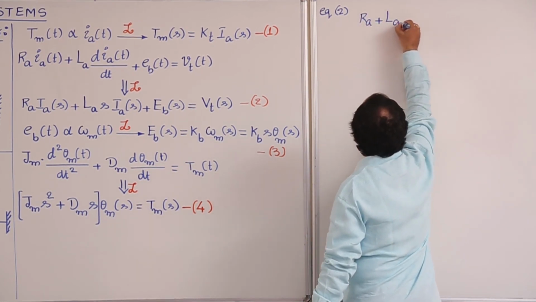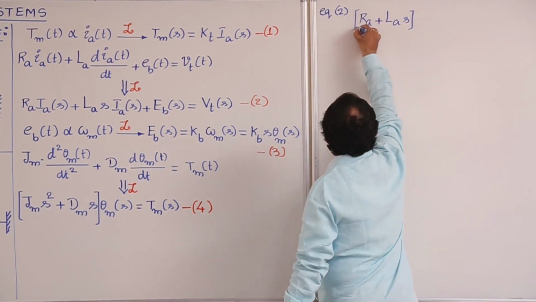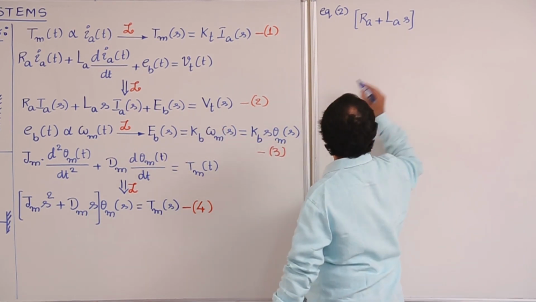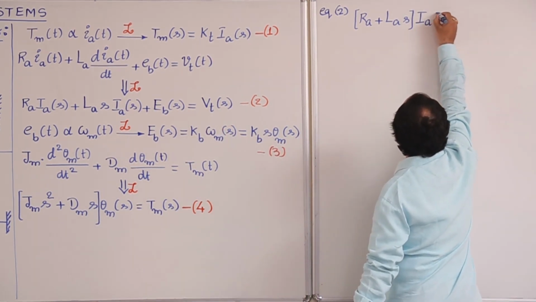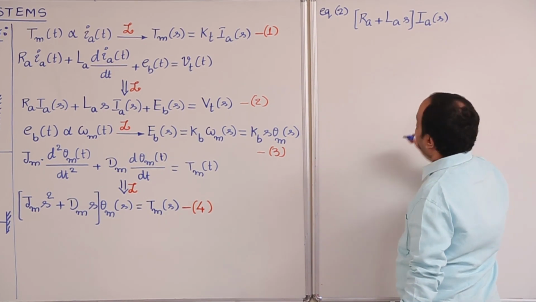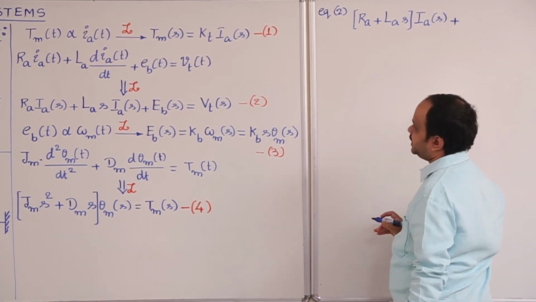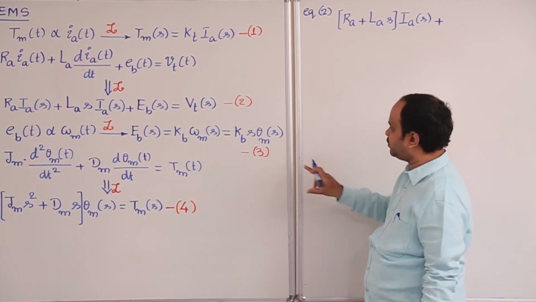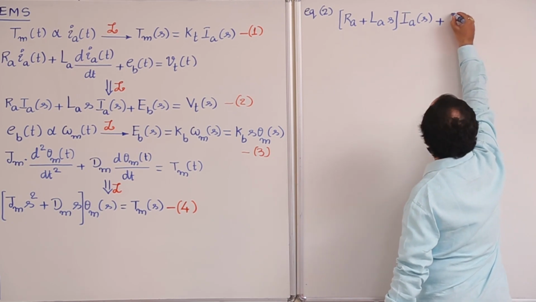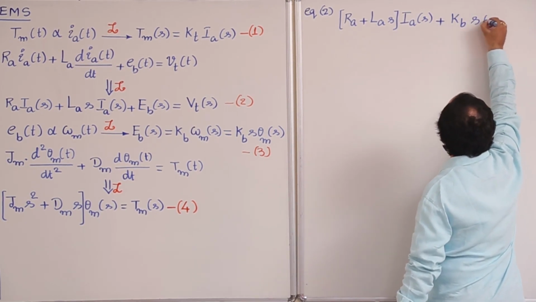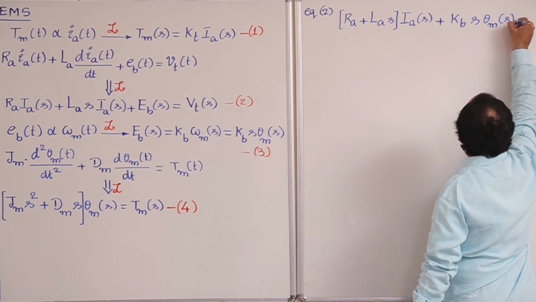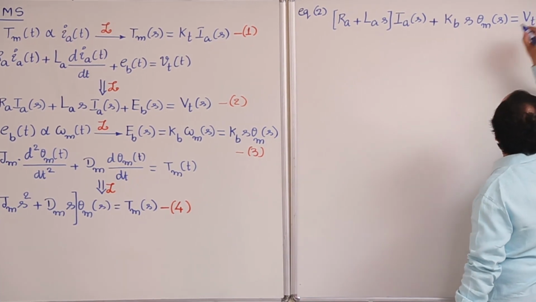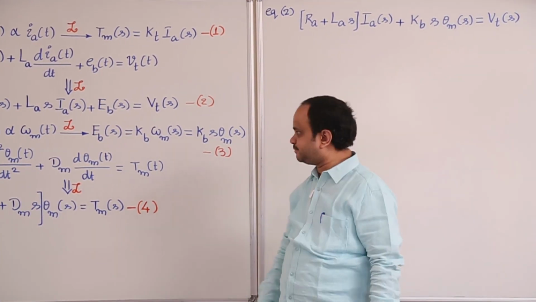Ra plus La into S multiplied with Ia of S, plus Eb of S. In place of Eb of S, by using the third equation, we can write it like this: Kb S multiplied with theta m of S. This is equal to Vt of S. Okay.